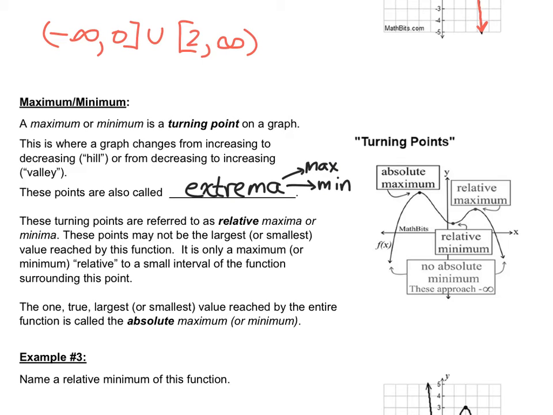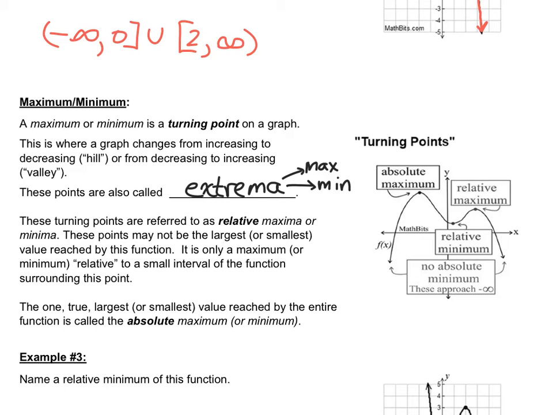Maximum, minimum, those would be the singulars. Maxima, minima would be the plural. Most people live their entire lives without ever feeling the need to say maxima or minima. So max and mins are fine.